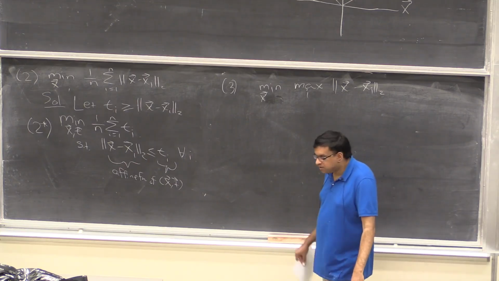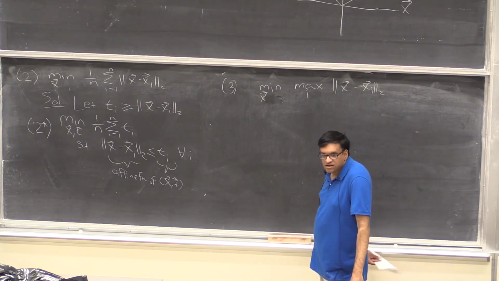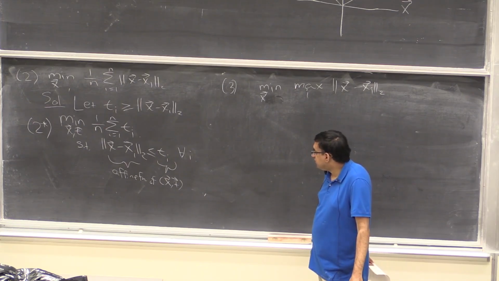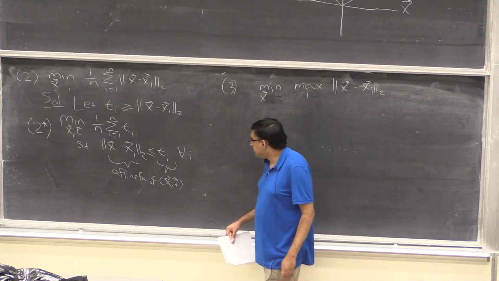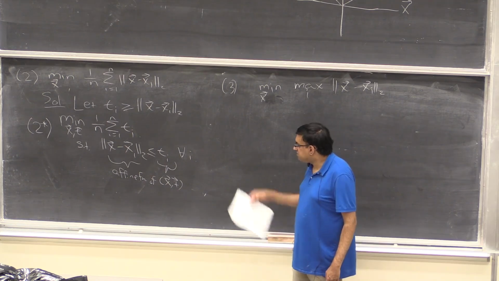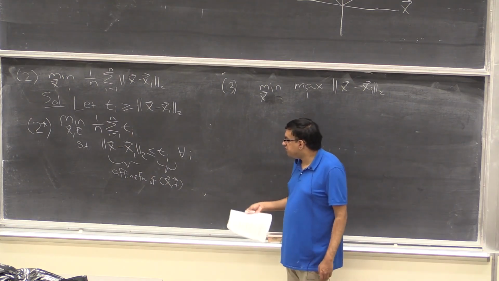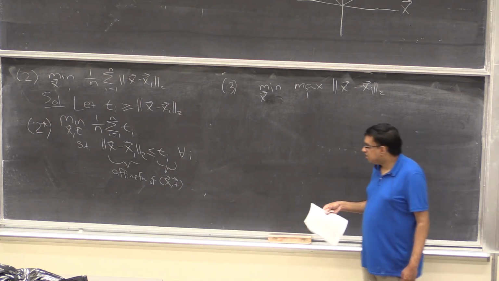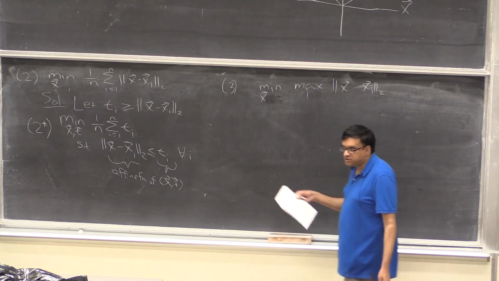Aren't the constraints, if you look at the n plus 1 vector (x, t)... This is not n plus 1, maybe I should use a different variable for the slack. If x is dimension n, then this is n plus 2, let's say.